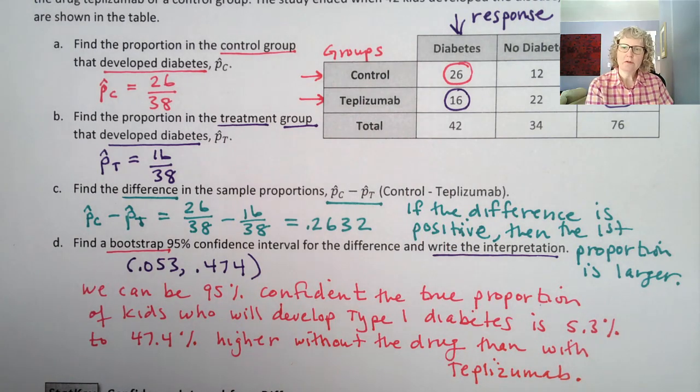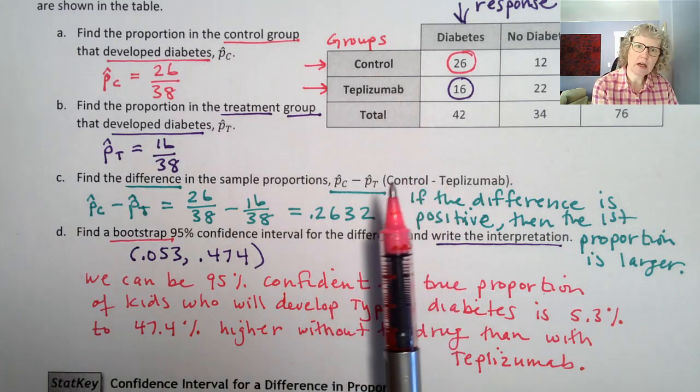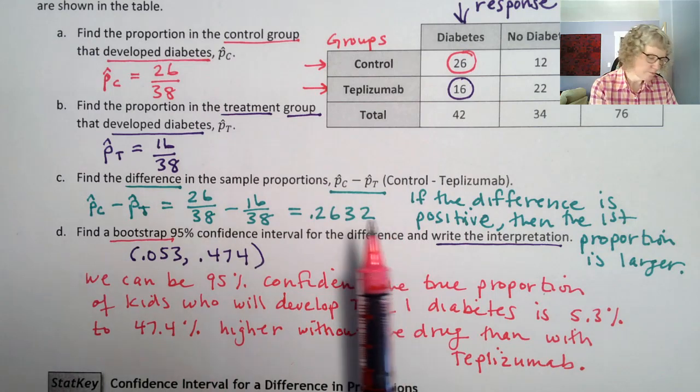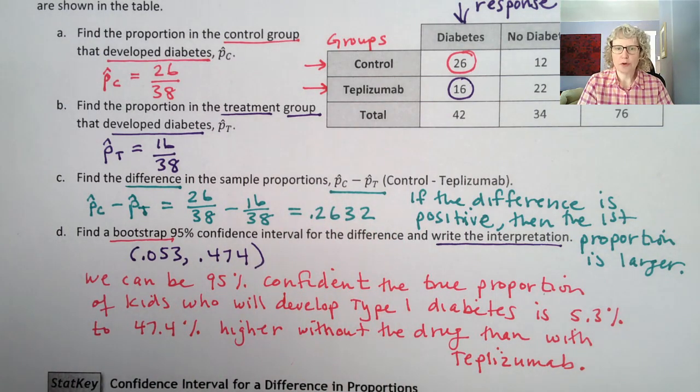Okay, so we could have also switched it the other way, but there are a few different ways that work, as long as you stay consistent. We could have said lower with the drug as well, but it just made sense with the way this one was set up, with the control being first, and it was higher in the control group.